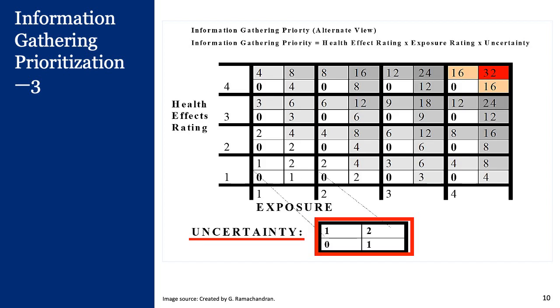And this is shown more clearly in this slide, where we go from numbers which are 0, 1, 2, 4, and 12, all the way up in the top right-hand corner to a rating of 32, which is the highest exposure, highest uncertainty, as well as highest health effects rating. Those pose the highest health risks because they are high health risks, but also the most uncertain.